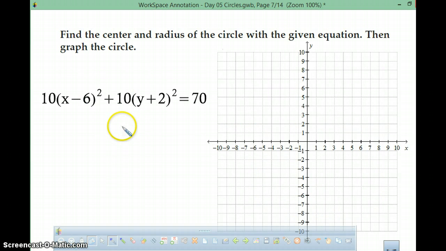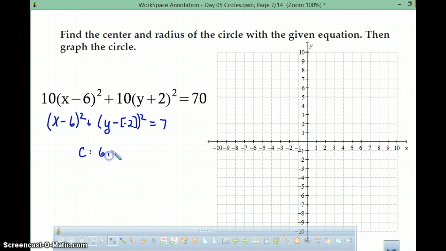All right, let's try this one. What's wrong with this equation? It's not in standard form yet. So what can we do to both sides of the equation to get it in standard form? We divide by 10. If you divide both sides by 10, you end up with (x minus 6) squared plus, should we change this to, (y minus negative 2) squared equals 7. Now what's your center?